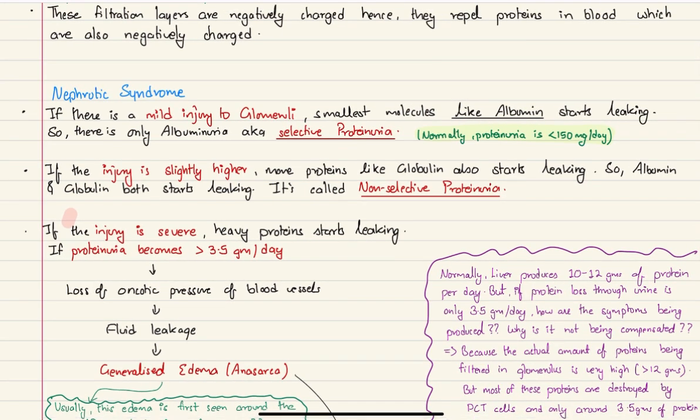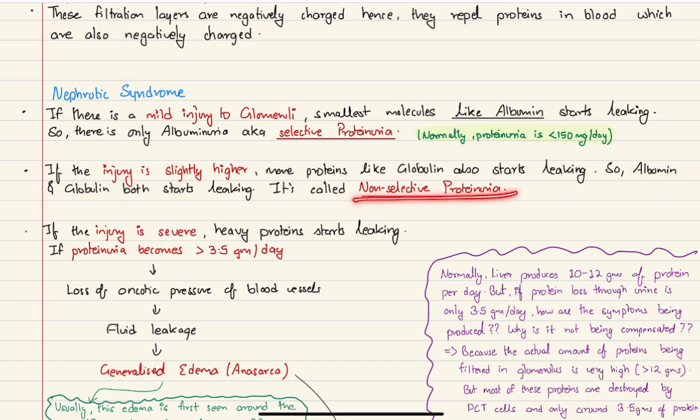Hence, both albumin and globulin start leaking out. This is called non-selective proteinuria.